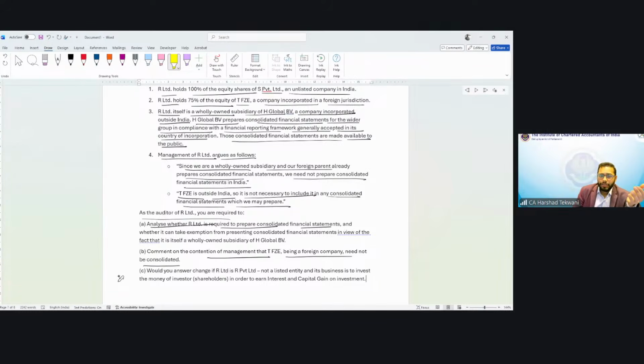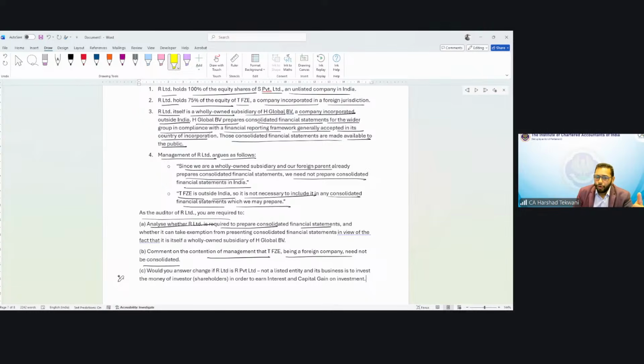Okay. In accordance with the Ind AS, if it measures all its subsidiaries at fair value through profit and loss account. Now, if there is a parent that is an investment entity, it is exempt from preparing CFS. Now, how to determine whether a parent is an investment entity?